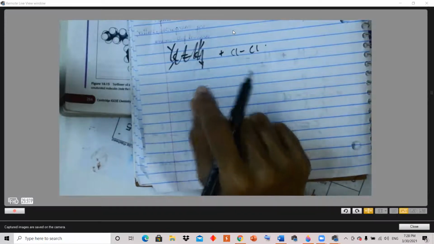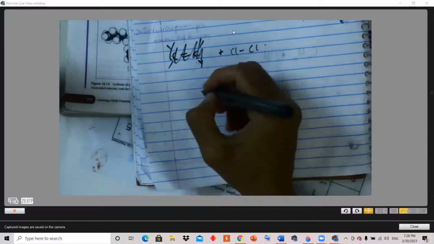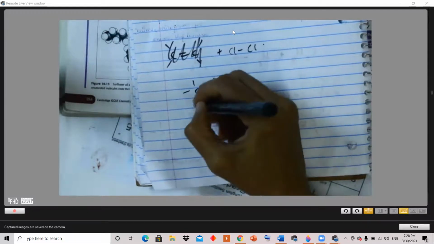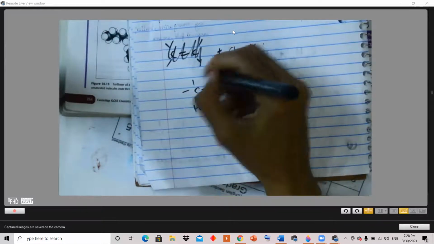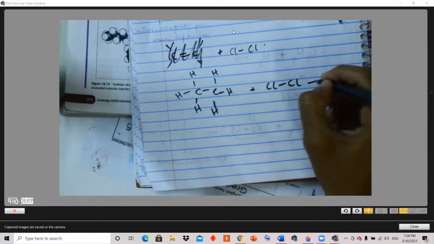Substitution is when you remove an atom that is already bonded and you substitute it with some other atom. Substitution means something taking the place of another thing. So if you have this alkane, hydrogen atoms are already sitting. Now chlorine will come and substitute two of the hydrogen atoms. This is called a substitution reaction.